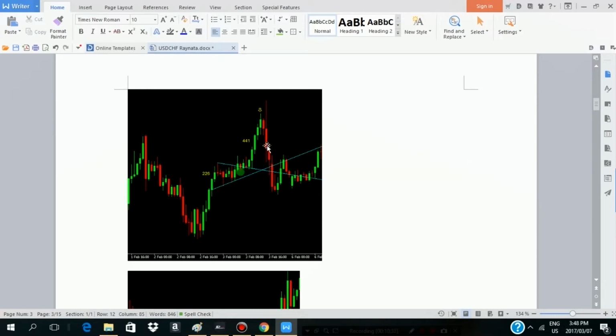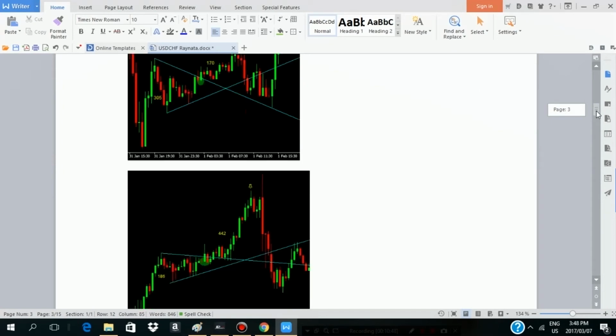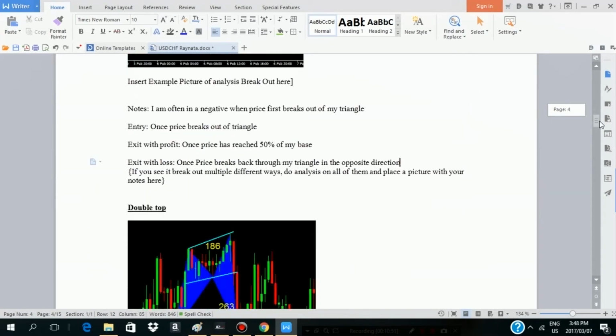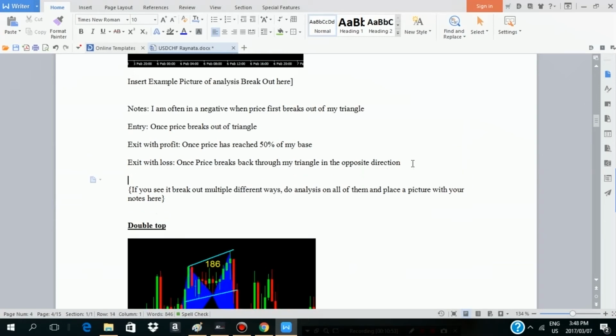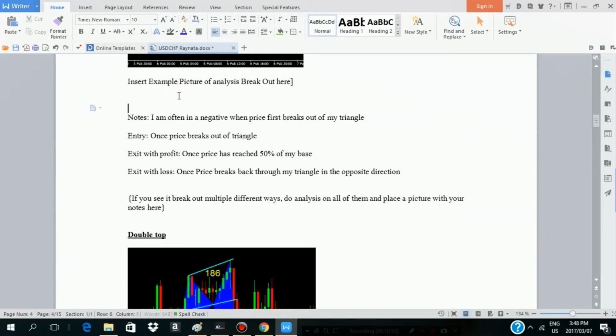You do not find that on this currency pair. So that would be your exit point. If price has to go and break down on the opposite direction, we know we have changed direction and we are not coming back. Okay, so now this is standard breakout.